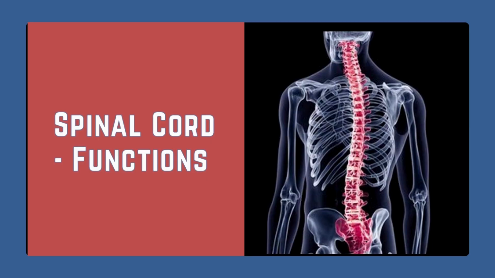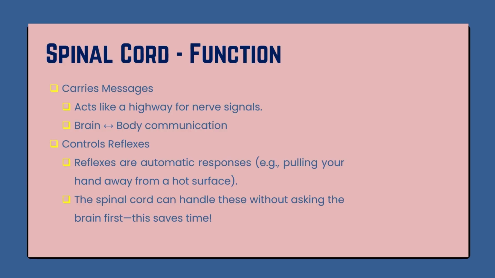Now let's look at the functions of the spinal cord. So the first function is it carries messages, right? Nothing new. Every part of the central nervous system is responsible for carrying messages. So does the peripheral nervous system. It's all about generating and carrying messages, right? So what does spinal cord do?